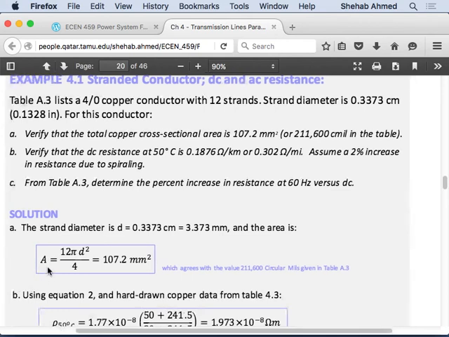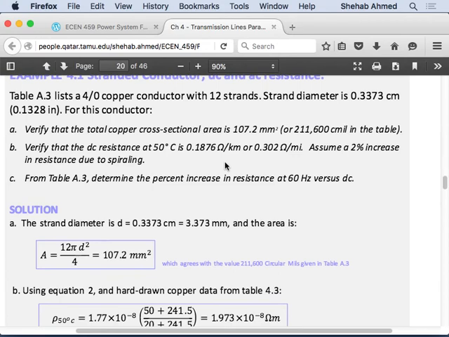So strand diameter is 0.373 millimeters. You calculate the area, pi d squared over 4, and multiply by 12 to calculate the total copper area. Then verify that the DC resistance at 50 degrees C is 0.1876 ohms per kilometer.